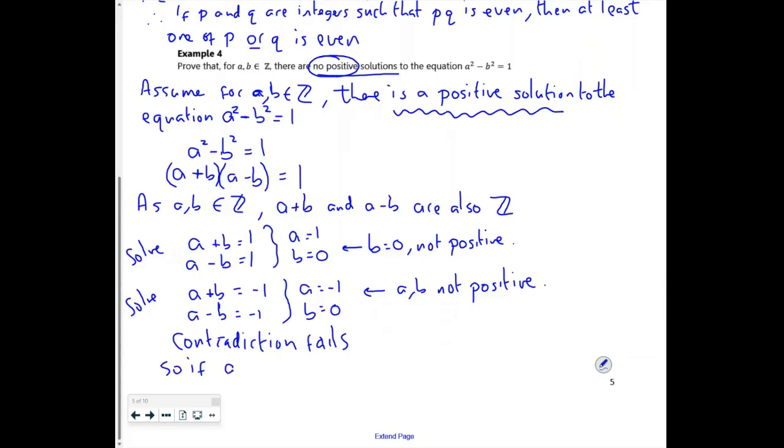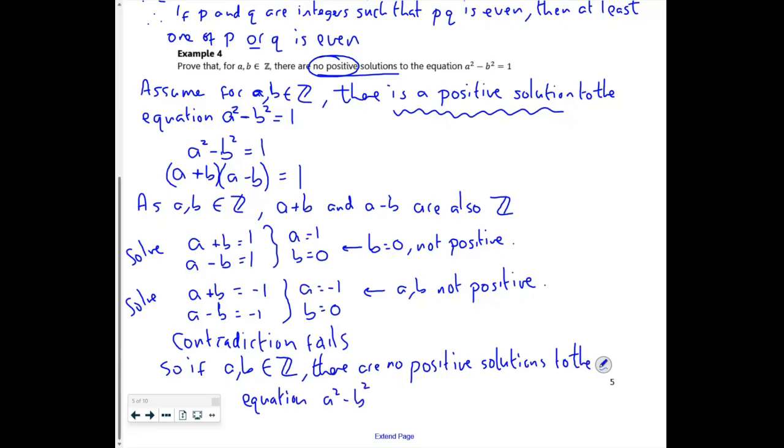So if A and B belong to the integers, there are no positive solutions. There you go. So that was a little bit more messy.